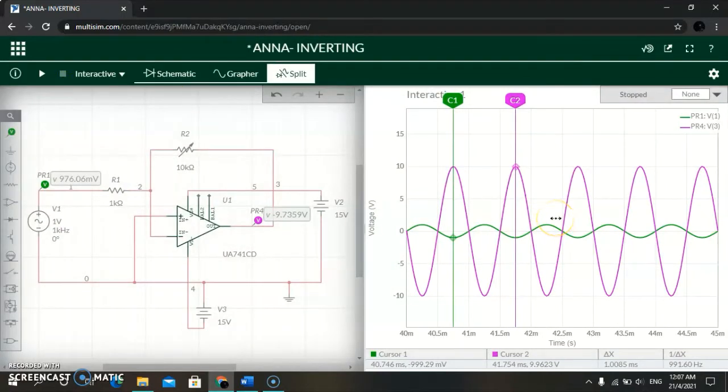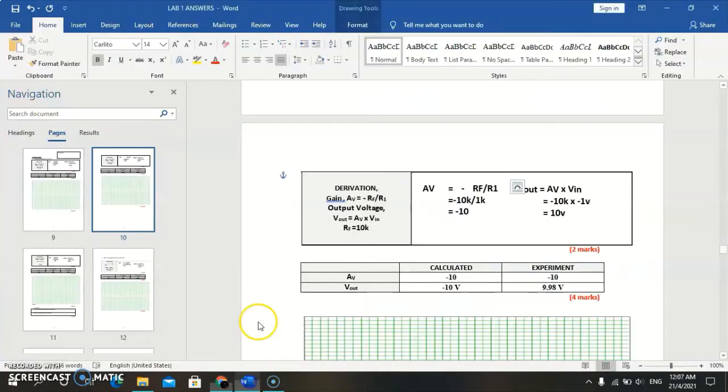Alright, this is our Vin, negative 984.99 millivolts, which is equal to negative 1. And for Vout, we get 9.9944 volts, equal to the 10 volts we calculated here.